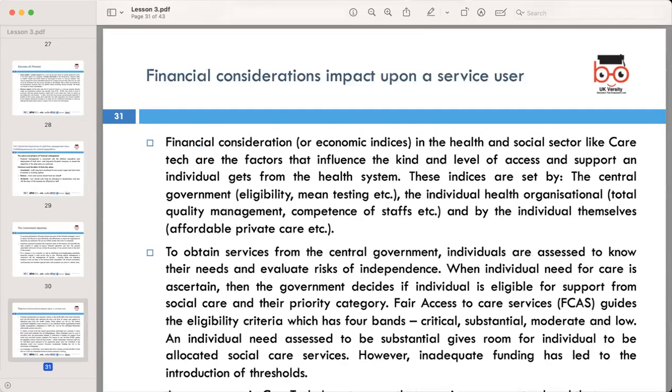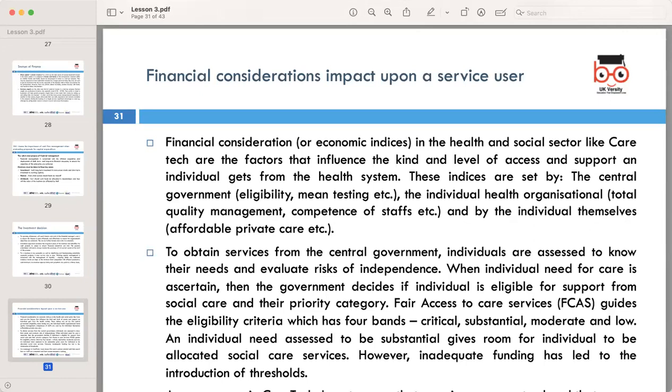Okay, so next is financial considerations and their impact upon service users. So what are financial considerations? Can anybody tell me about financial considerations or economic indicators? Financial considerations that impact service users in the health and social care sector, such as Care Tech in this sector, also known as economic indicators, influence the level and kind of access and support individuals receive from the health system.